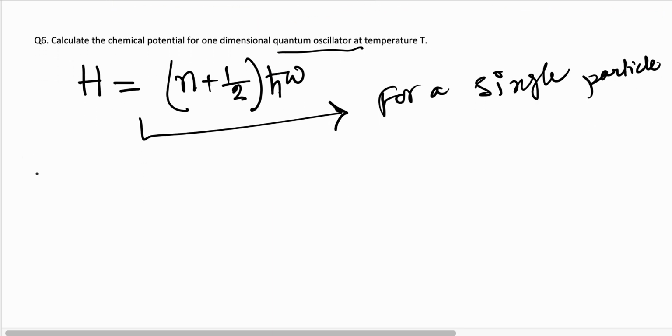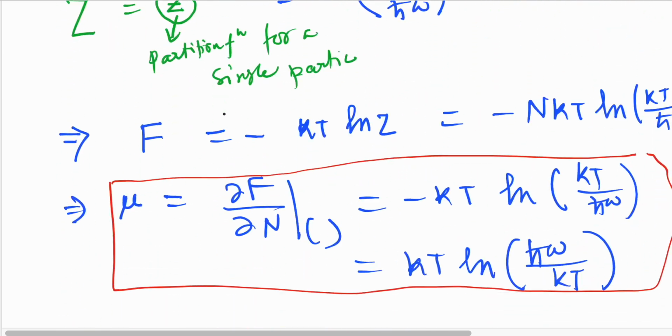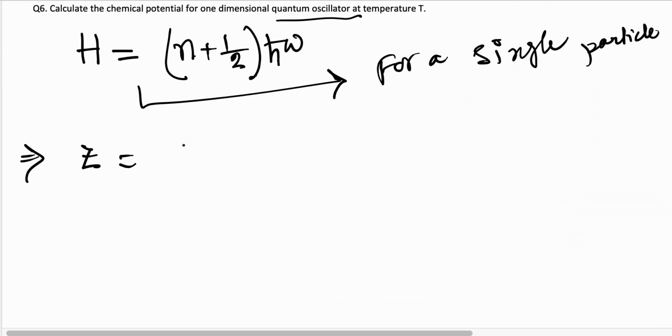So for a single particle, what will be its partition function? Since the system states are discrete, integration will not work, so we have to do a summation over all the states: sum over n equal to 0 to infinity of e to the power minus beta (n + 1/2) ħω.